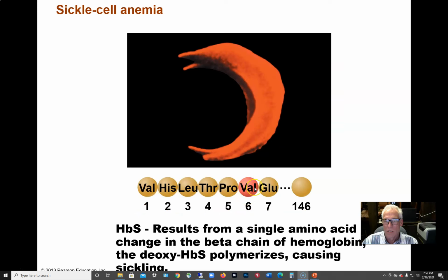And when we do that, it changes the whole property of the globin chains, such that when the hemoglobin is in the deoxy state, so if this person is exercising vigorously or stressing out, then the hemoglobin polymerizes and the red blood cells get rigid and arc-shaped like this. And obviously that's not a good thing.